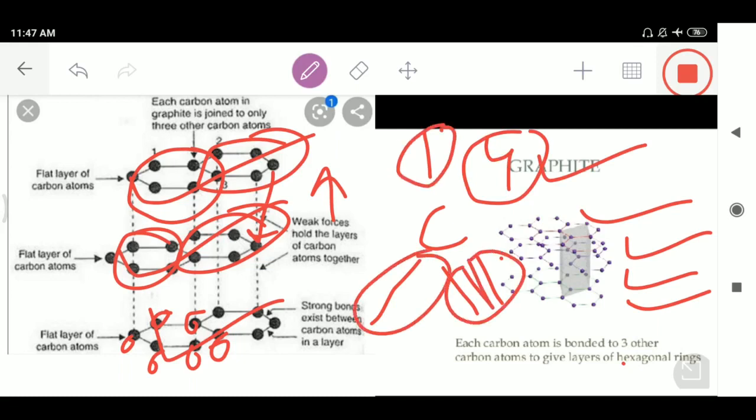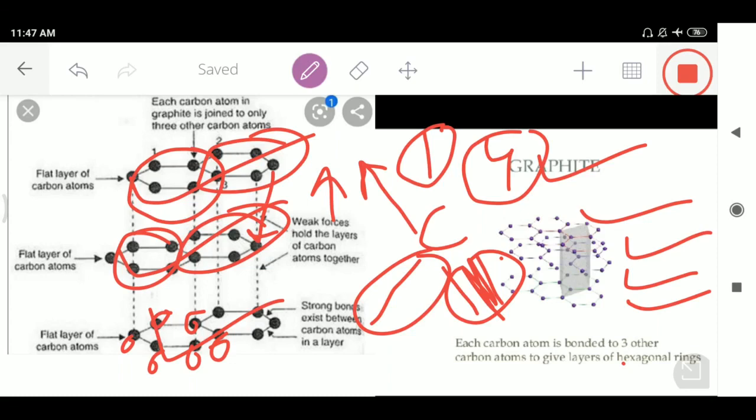That means there is one free valency, and this free valency creates a hole, and whenever we pass electric current through the structure of the graphite, this hole actually conducts that very electricity. So that's why graphite is a good conductor of heat and electricity, because there is a free valence electron. Now in the graphite crystal, each carbon atom is joined to only 3 carbon atoms by covalent bond.